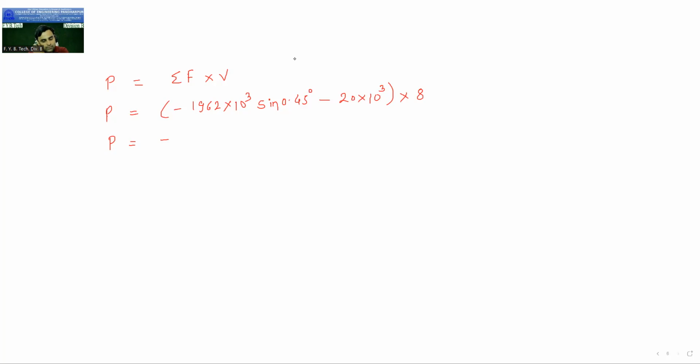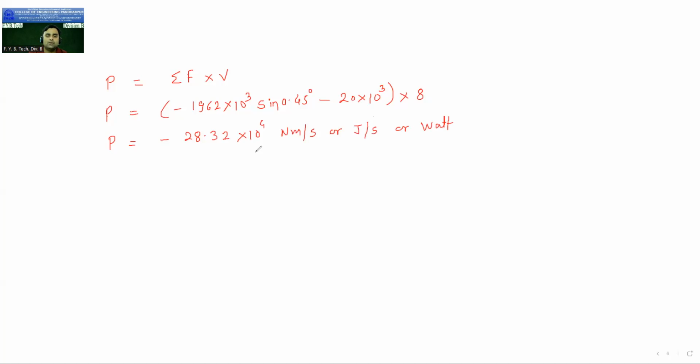11.25. Minus 28.32 into 10 raised to 4. Okay, minus 28.32 into 10 raised to 4. It is Newton meter per second, or you can call this a joule per second, or you can call it a watt.